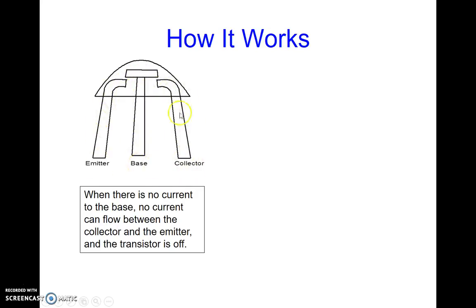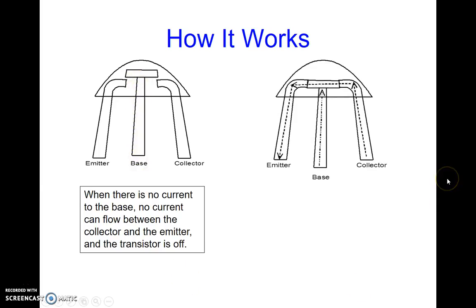So basically, in order to get this thing to drop down and have electricity flow through here, we need to have a little bit of current going through this base. Okay? To show that, if you put a small little amount of current through here, it's going to drop that drawbridge down and allow this collector to feed a whole bunch of electricity through to the other side.